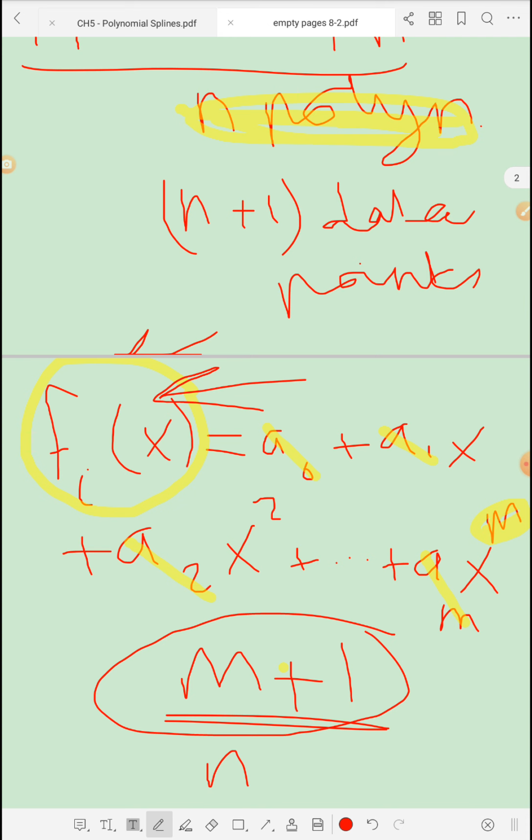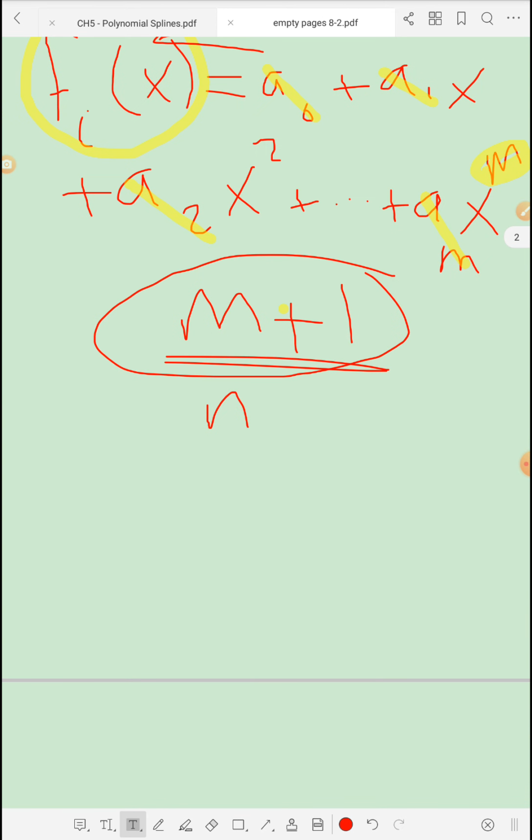So what is the total number of unknowns that we are dealing with? The total number of unknowns will be n, which is the number of polynomials, multiplied by m plus 1, which is the number of unknown coefficients in each polynomial.